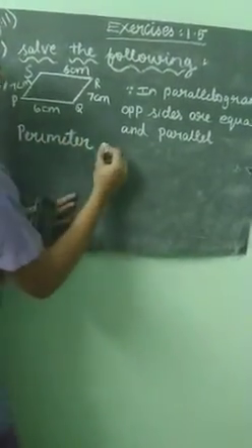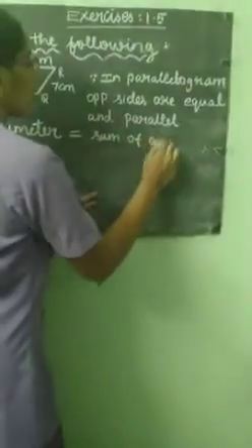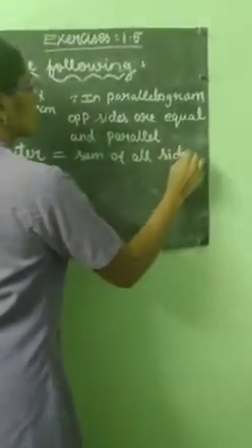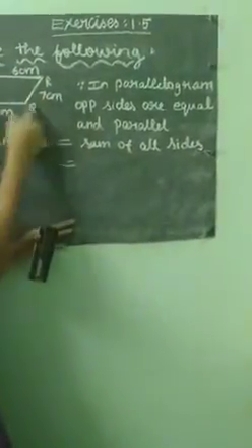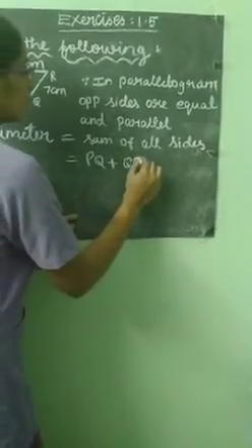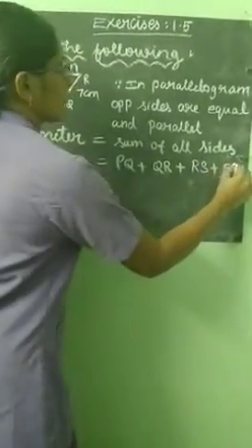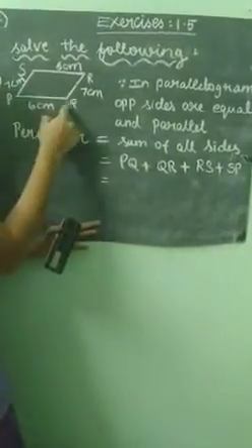We want to find the perimeter now. So perimeter equal to sum of all sides equal to PQ plus QR plus RS plus SP. Okay. Then what is the PQ measurement?